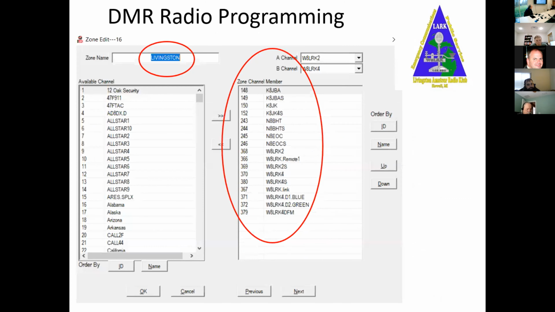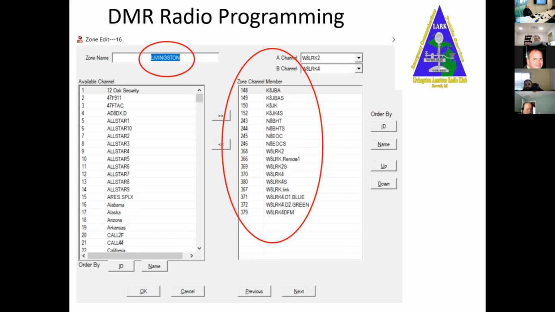And then the 4th thing you do is you add those talk groups to a zone. DMR is about zones. So you can have a zone called hotspots and only the hotspot frequencies show up. And you can have a zone called Livingston that only the Livingston repeaters show up. You can have one called South Lyon that only your repeaters show up, so you can make groups, and channels can be in multiple zones.